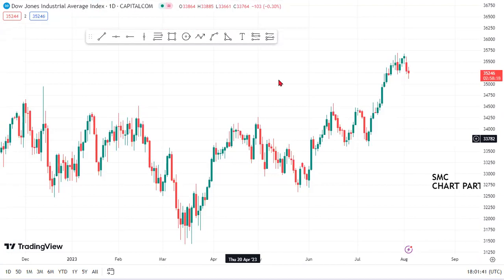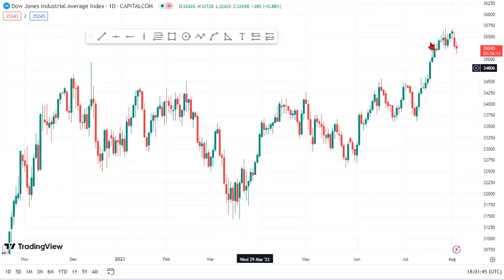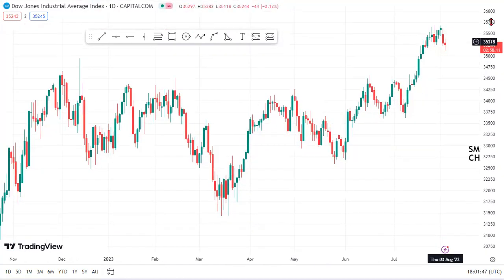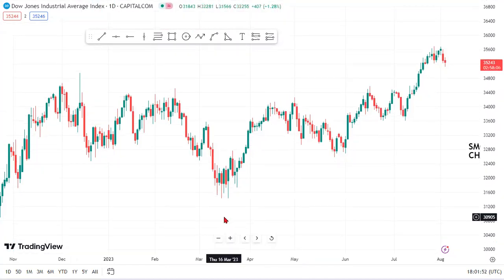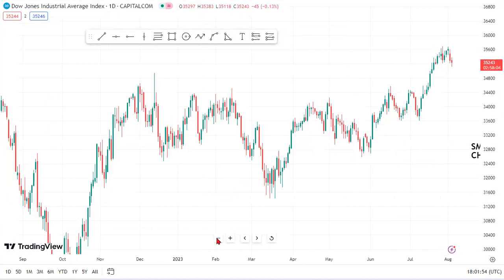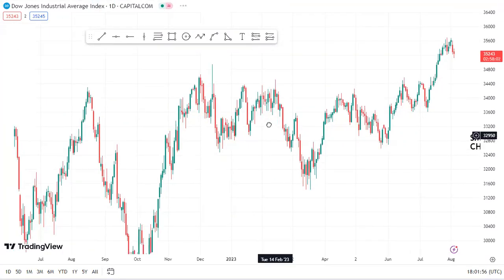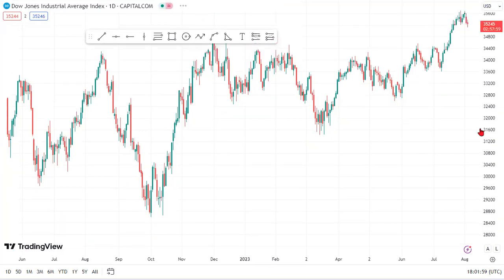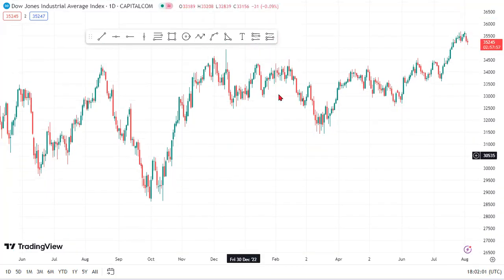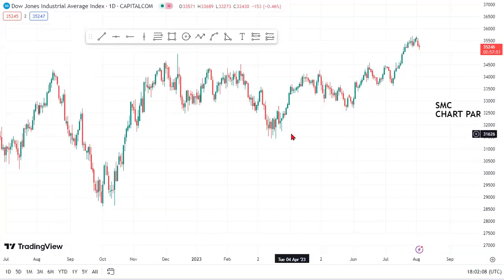So we are on the daily time frame, and we are looking at US30 as it has been performing very, very bullish recently. So you're going to learn a few things which involve market breakdown using SMC, using supply and demand, everything, from higher time frame to lower time frame.